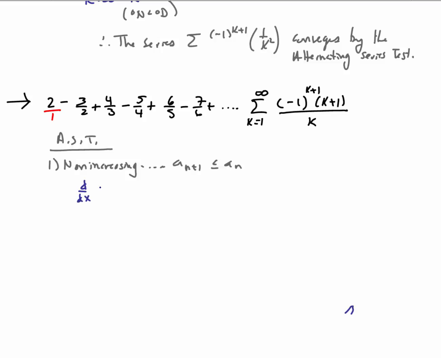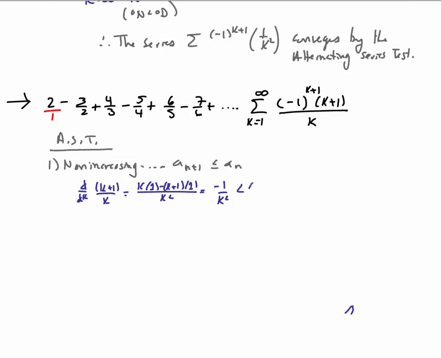This is a quick quotient rule. So I'm taking the derivative with respect to k, not x here, of k plus 1 over k. So I have the bottom times the derivative of the top minus the top times the derivative of the bottom all over the bottom squared. So if we simplify this, I have k minus k, they cancel, minus 1, so I end up with negative 1 over k squared.